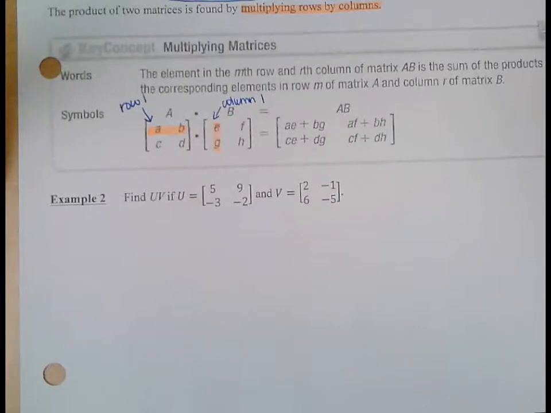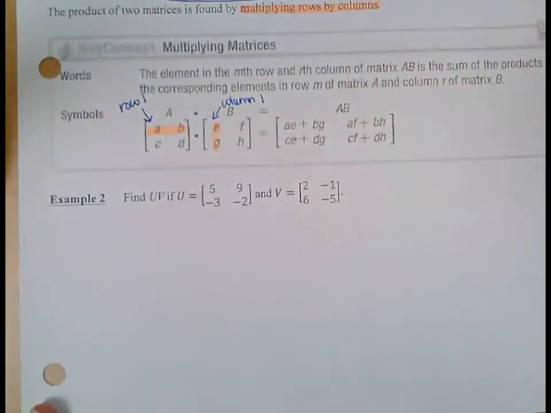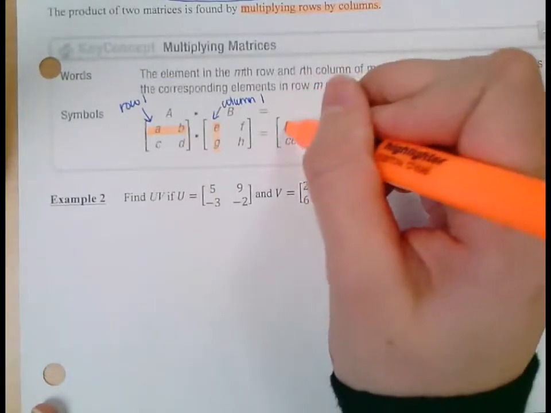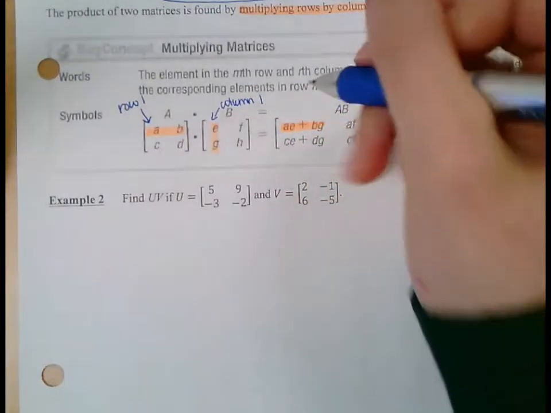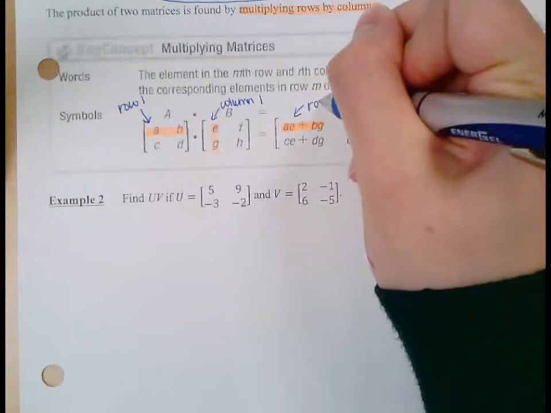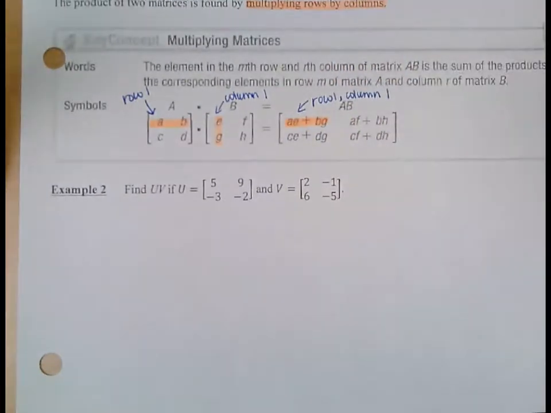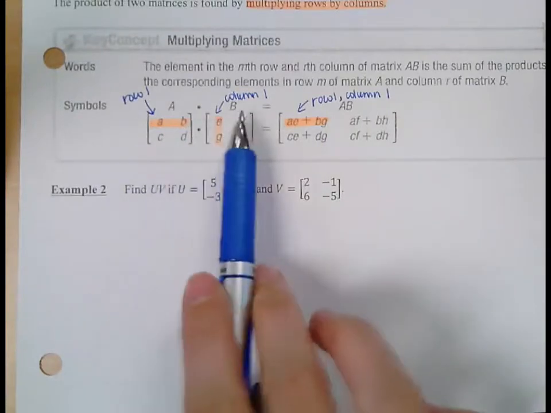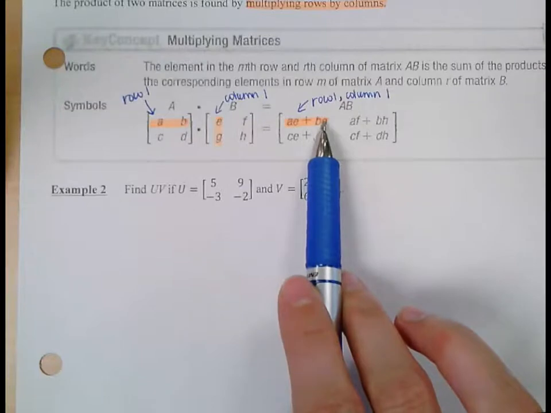And when I multiply that row by that column, the value I get, and I'll explain how to get the value, goes in row 1, column 1 of your answer. So when you multiply row 1 by column 1, that goes in row 1, column 1.